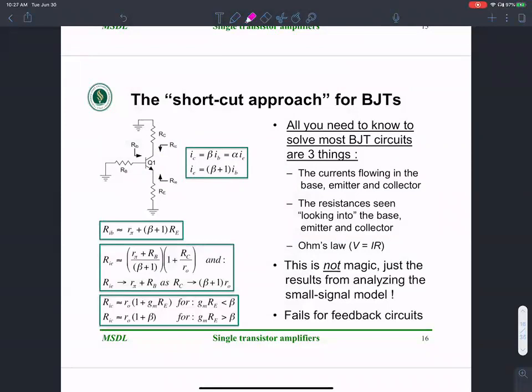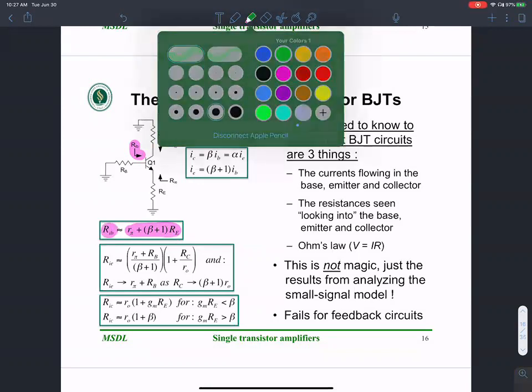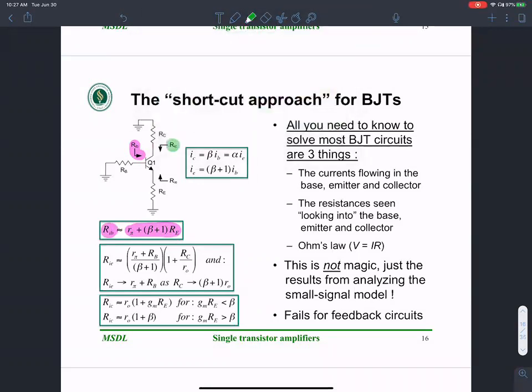Then you need to know the resistance looking into the base. Okay, resistance looking into the base is R pi plus beta plus 1 times RE. Similarly, you want to know R collector. Looking into the collector, you have R naught that is multiplied by a large number because of degeneration.